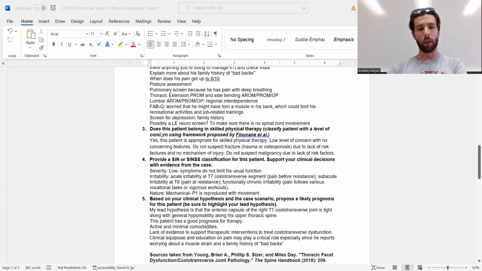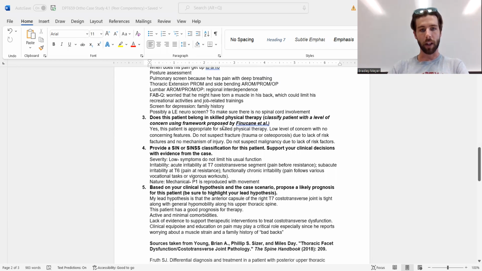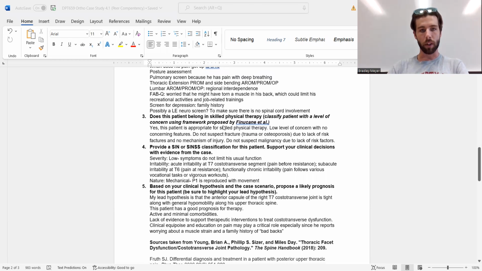Based off of some of the things that the patient reported, such as worrying about having a torn muscle, I would want to have him fill out the FABQ just to see how he cognitively thinks about the pain that he's having and if it's affecting any of his movements.